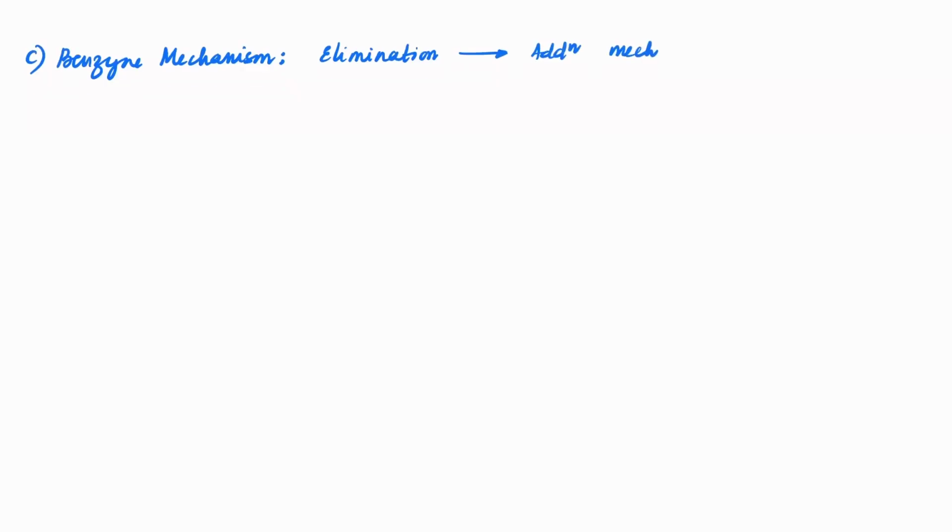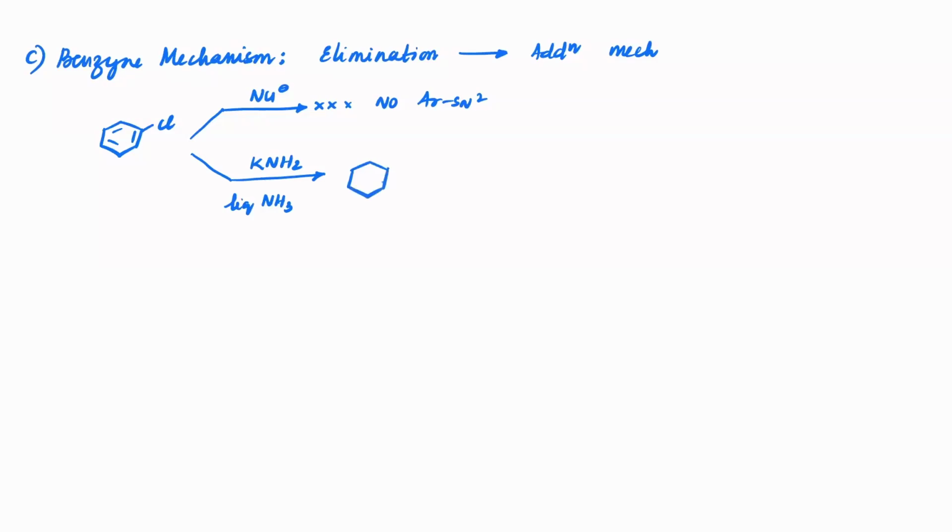For example, if you have chlorobenzene here and react with any nucleophile, we learned that direct reaction is not observed. There is no ArSN2 unless there is some withdrawing group. While if you react this chlorine with KNH2, sodamide or potassium amide, in the presence of liquid ammonia, then you would notice a formation of the NH2 product plus Cl minus.